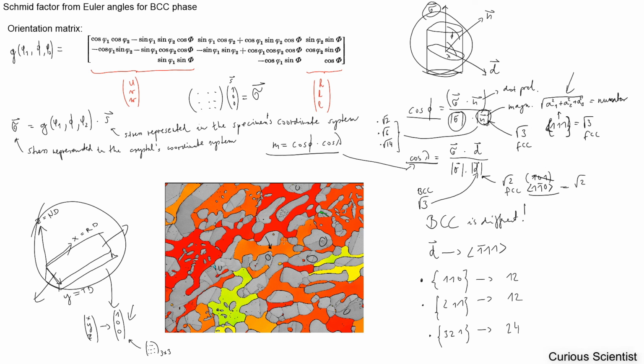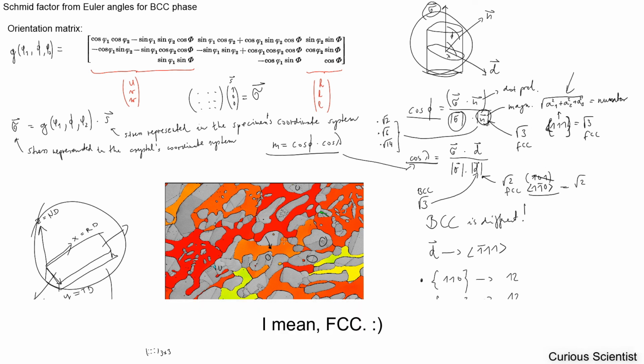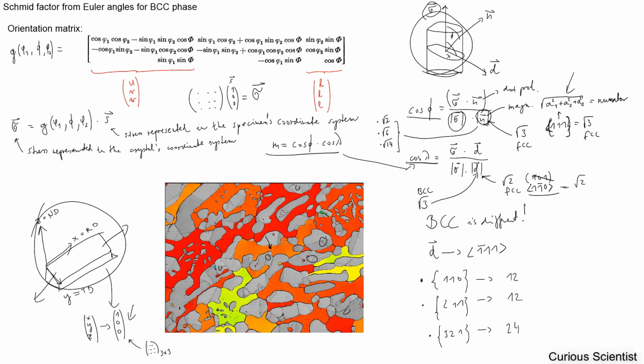And I strongly suggest you, not for this, but at least for BCC, because that's more simple, do all the calculations by hand, at least for one specific case. Then you get an idea about how this cosine similarity works. So you can do all the multiplications between the components, and so on and so on. And you can check your calculations with my Excel table basically.